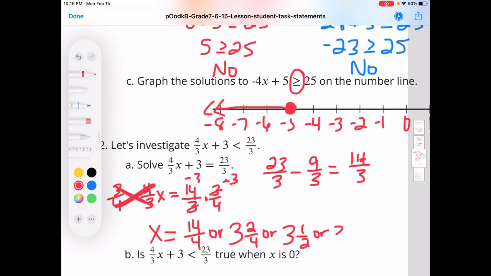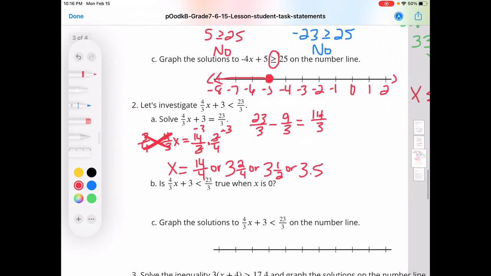Or I could do 3.5. So this tells me that 3.5 or 3 1/2 is something that we refer to as a boundary point. So I know that when x represents this number, then that gives me a solution that is equal to 23/3, and I'm looking for a solution that would be less than 23/3.